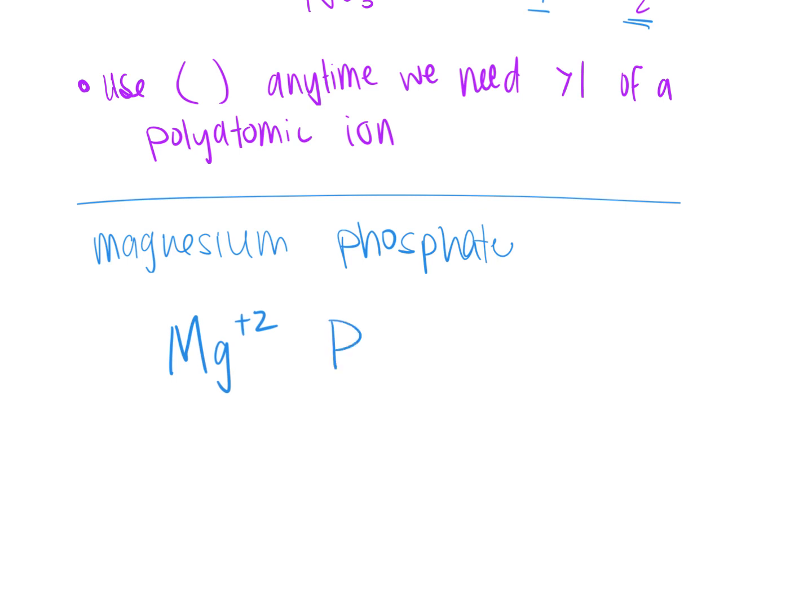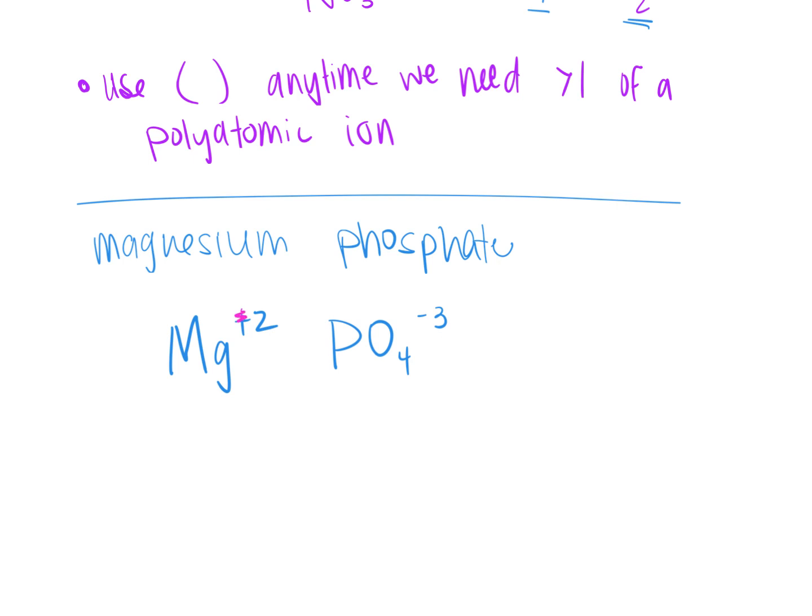Phosphate, is phosphate just a P? No, it's got to come out of the box. So phosphate is PO4 -3. Okay, this one's a little trickier to see how they're going to fit together because you've got a +2 and a +3. So this one, the crisscross might be better suited.